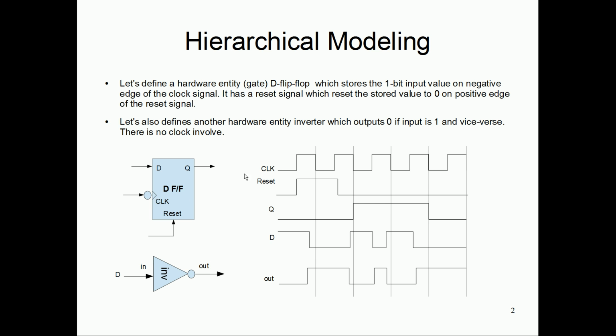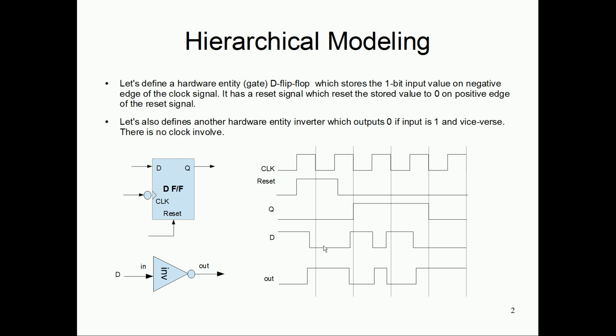So let's say this is my clock train going into this D flip-flop, and my reset signal at some point goes high and then comes down and stays low. So this is my reset state when we are resetting the circuit. This is my output. This is my signal train at the input D.